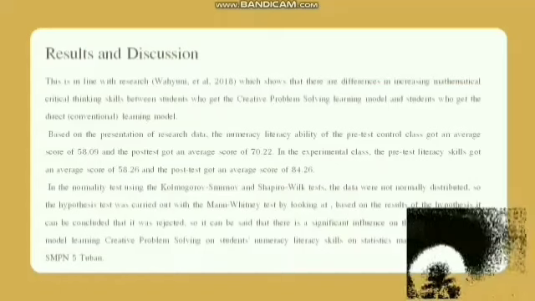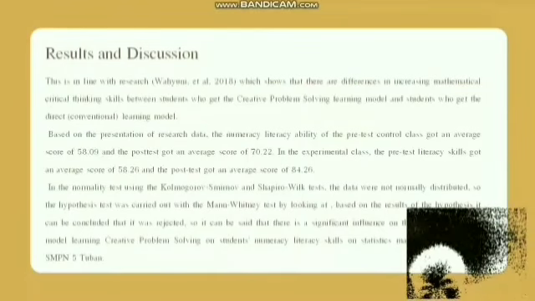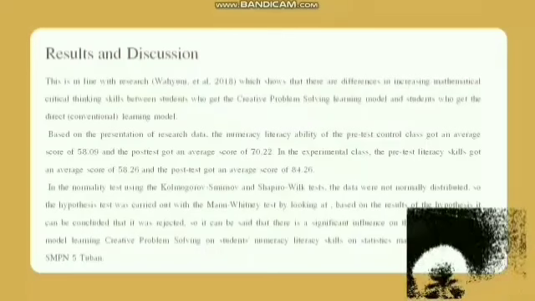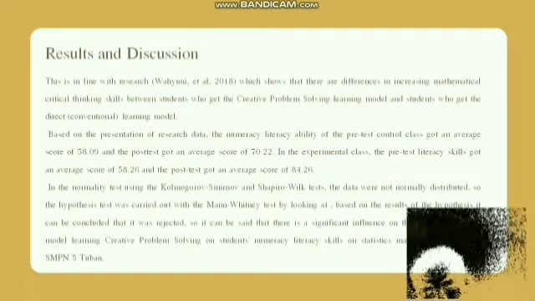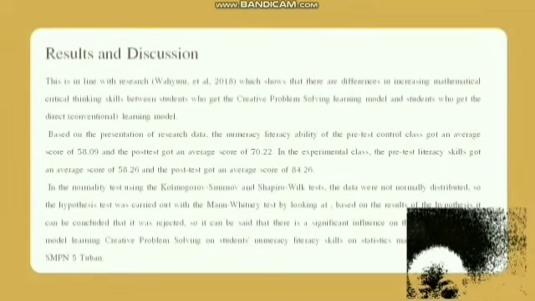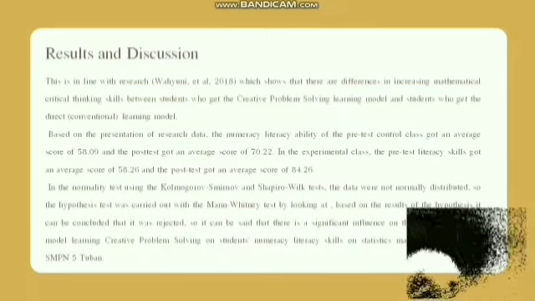Based on the result of the hypothesis, it can be concluded that H0 was rejected, so it can be said that there is a significant influence of the application of the creative problem solving learning model on student literacy numeracy skill on statistic material for class X junior high school 5 Tuban.